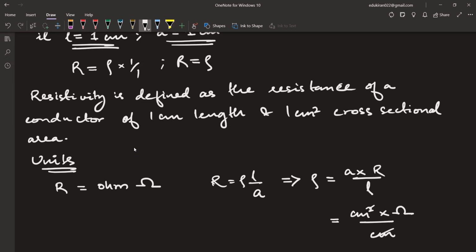For rho, the unit will be ohm centimeter.